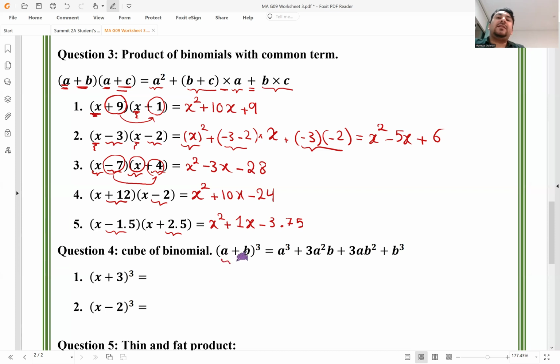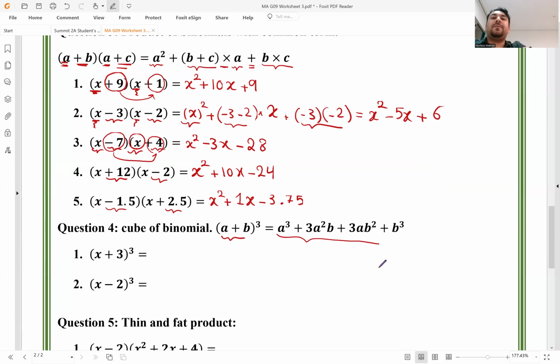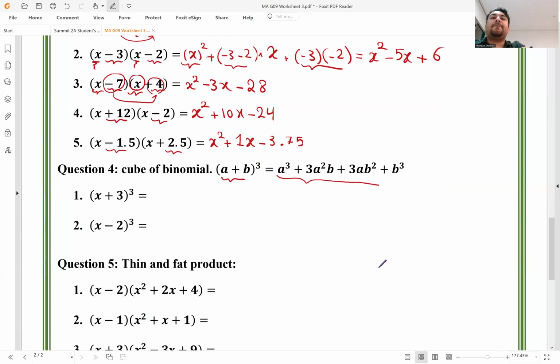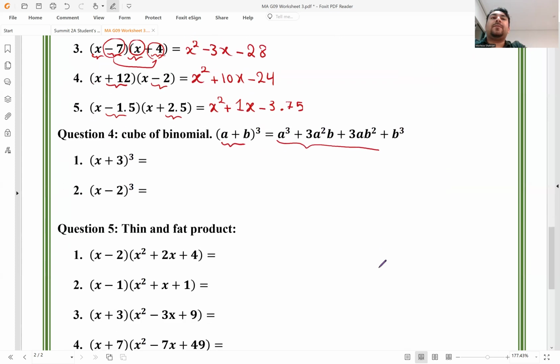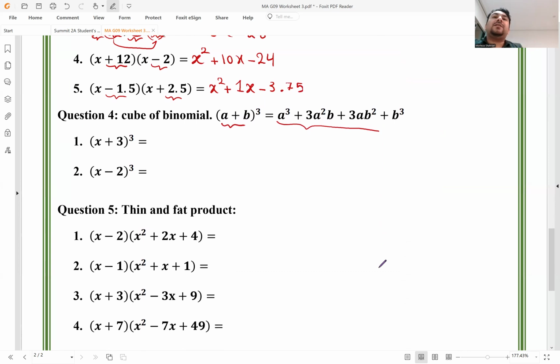Question 4. Cube of binomial. If there is a binomial a plus b powered by 3, we have to follow this formula. X plus 3.